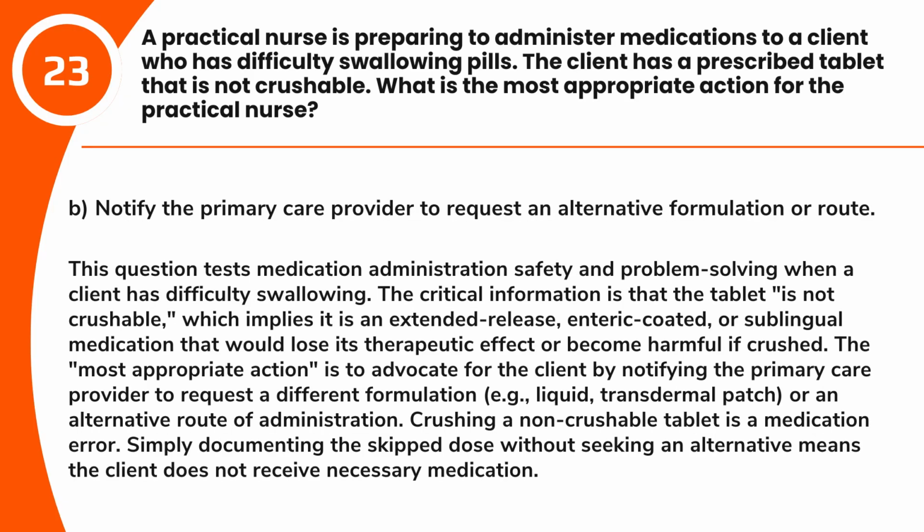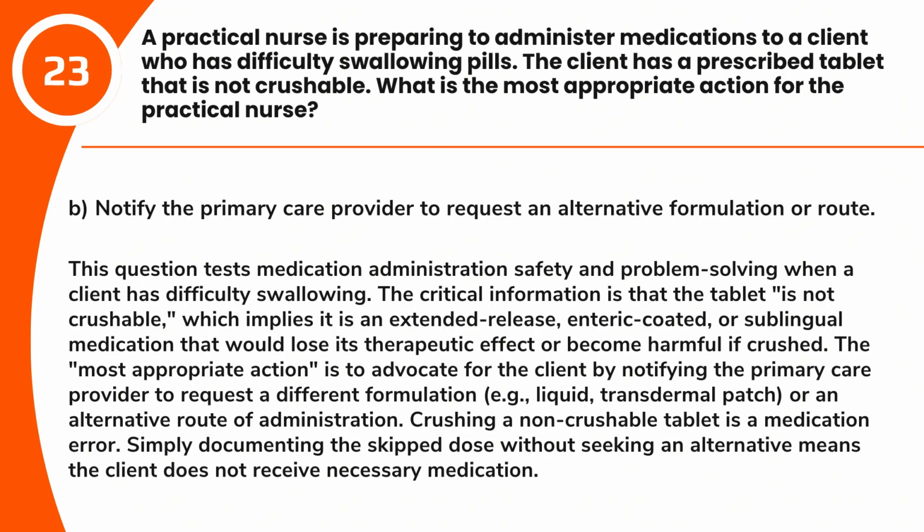Answer: B. Notify the primary care provider to request an alternative formulation or route. This question tests medication administration safety and problem solving when a client has difficulty swallowing. The critical information is that the tablet is not crushable, which implies it is an extended-release, enteric-coated, or sublingual medication that would lose its therapeutic effect or become harmful if crushed.